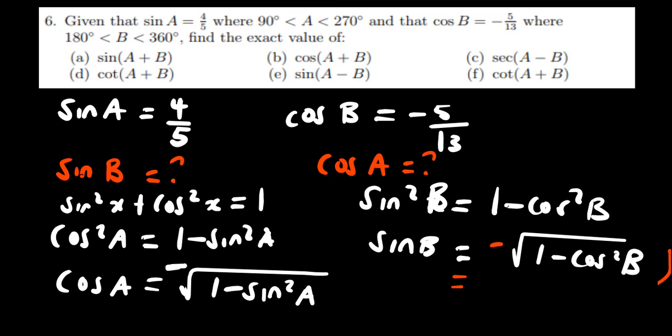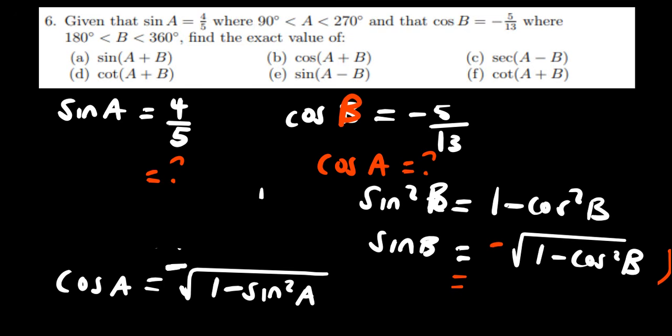Why have I put sine B here? I'm supposed to find cos A. This is cos B, and we're finding cos A. So cos A, we found it is this side.